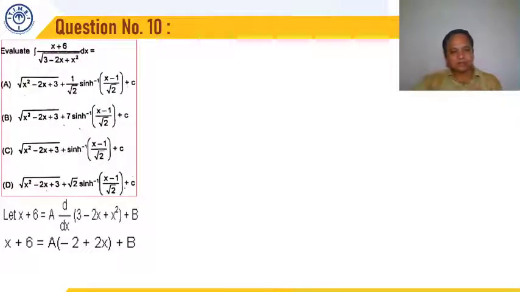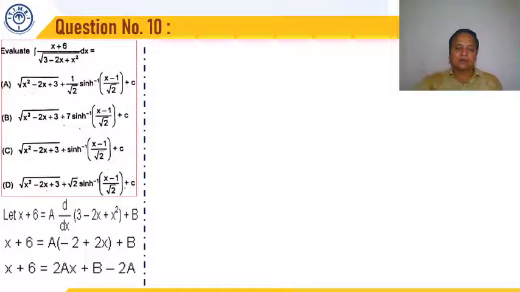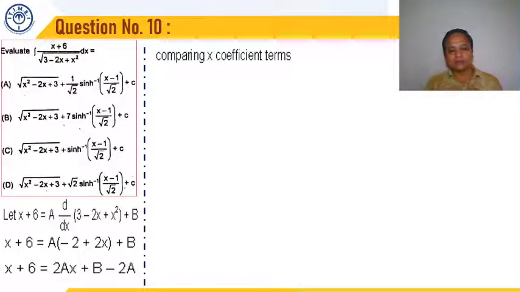We can compare the like terms, the coefficient of x on both sides and the constant term on both sides, to get the values of a and b. x plus 6 is equal to 2ax plus b minus 2a. Comparing the coefficient of x, the left hand side coefficient is 1, the right hand side coefficient is 2a.